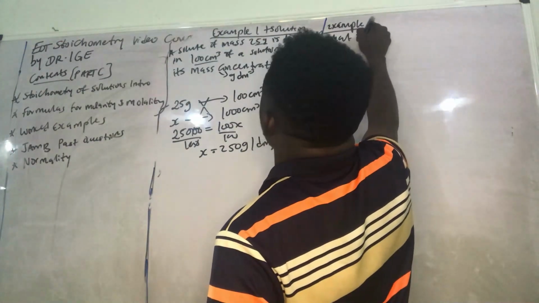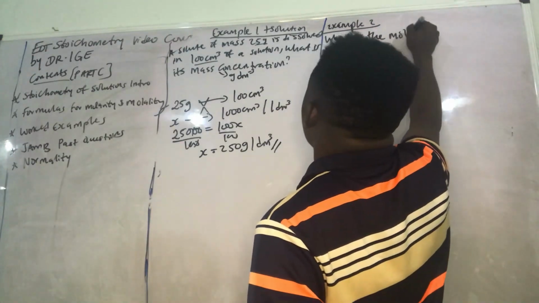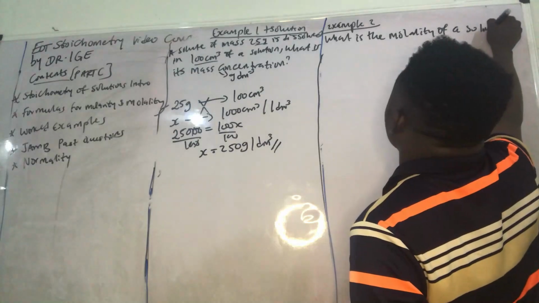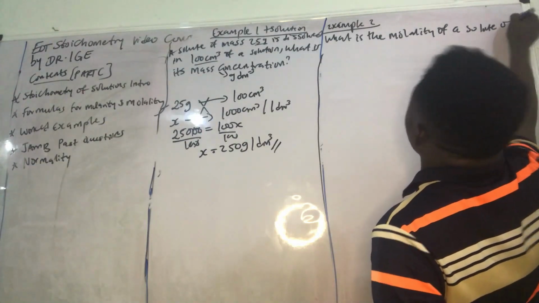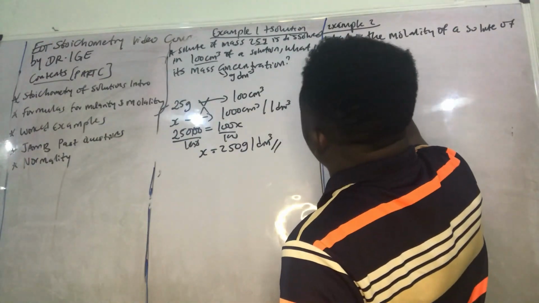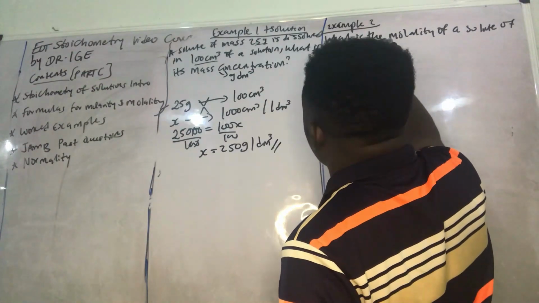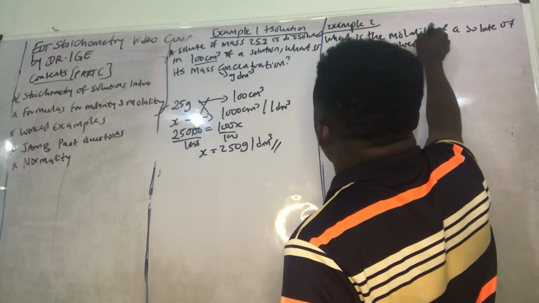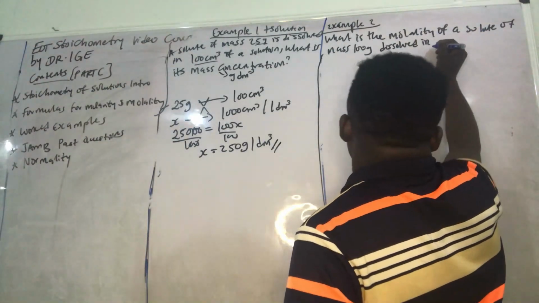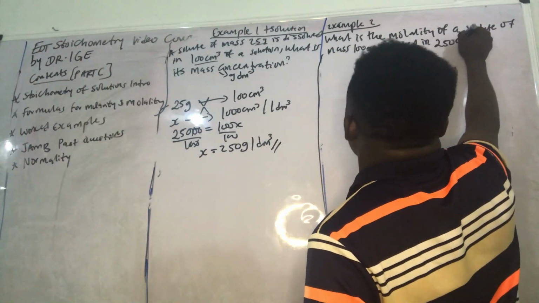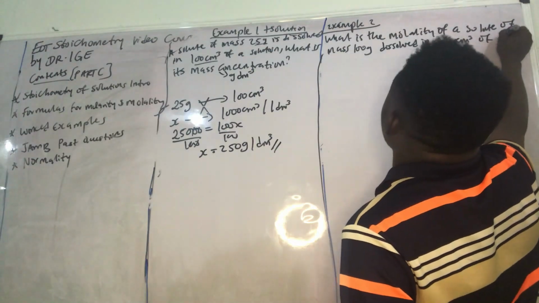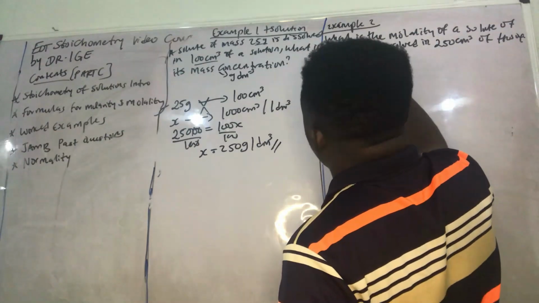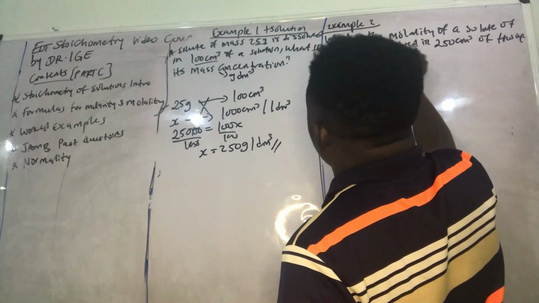What is the molality of a solute of mass 100 grams dissolved in 250 cm3 of H2SO4? We're looking for what?